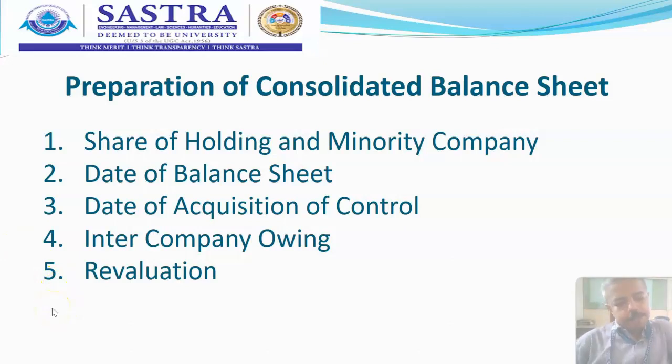So if the goodwill already exists, then we need to do this sort of alteration. If you have 1 lakh goodwill on the asset side, and you get capital reserve due to the deficit purchase of net assets from the subsidiary company, then when you adjust this, you will get 1 lakh on the liability side. Now there is no goodwill.